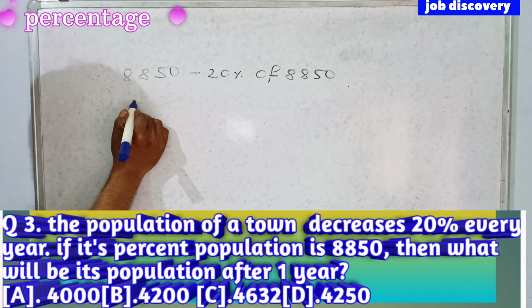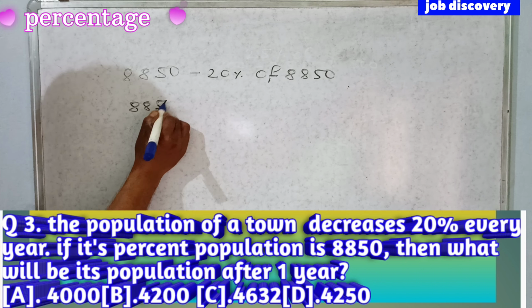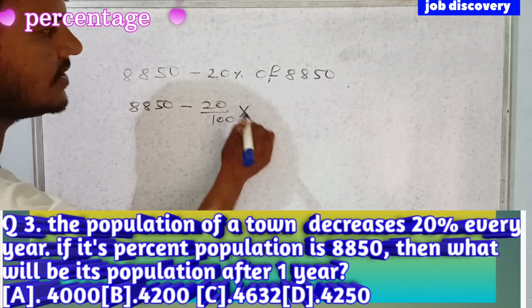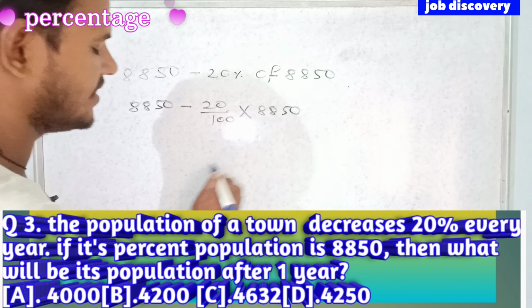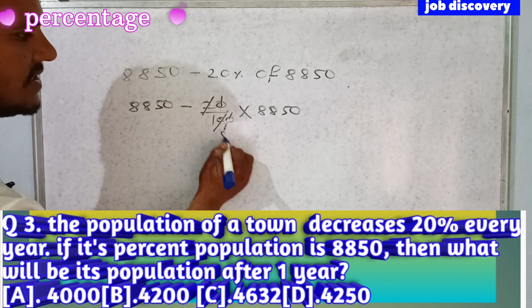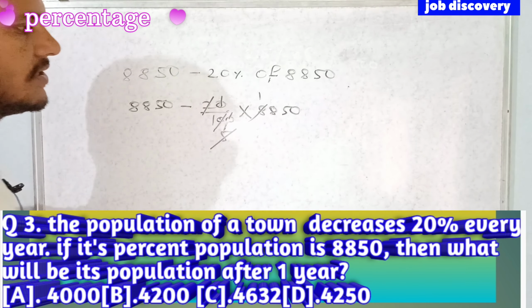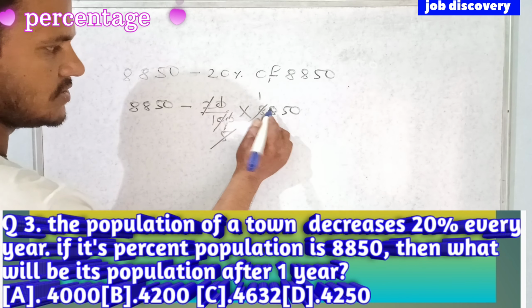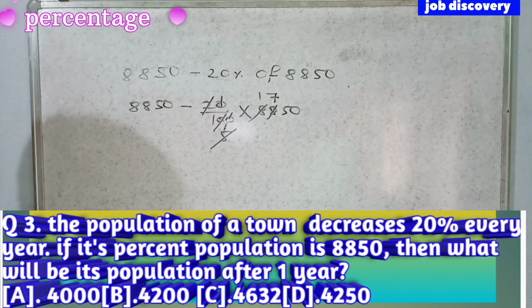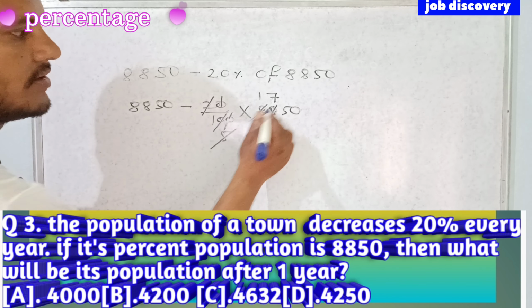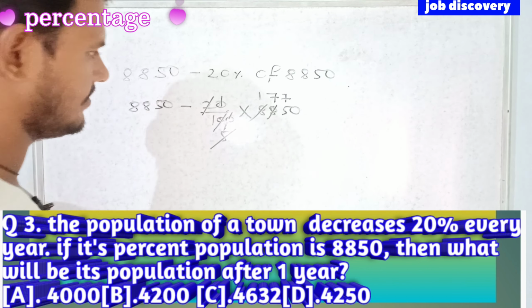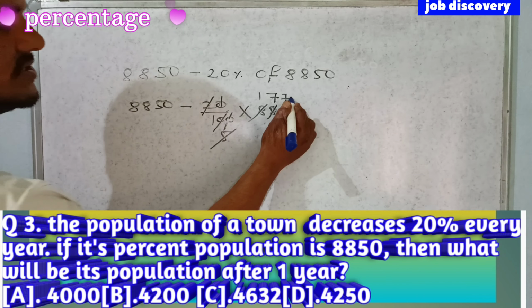So after 1 year the population will be 8,850 minus 20 by 100 into 8,850. 0 and 0 get cancelled. 2 1 2, 2 5 10, 5 1 5, remaining 3. So 38, 5 7 35, 35. Again 5 7 35 and 0.